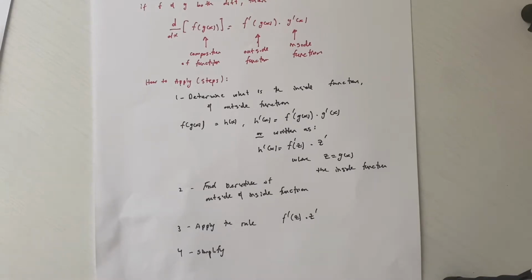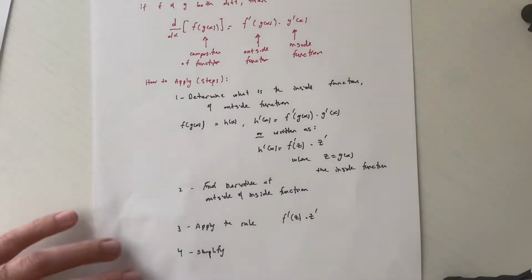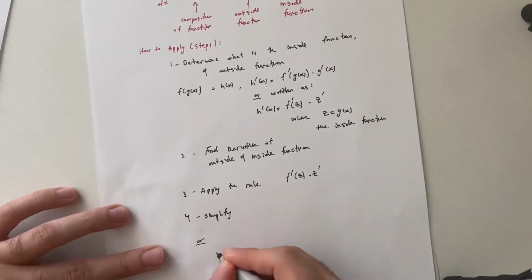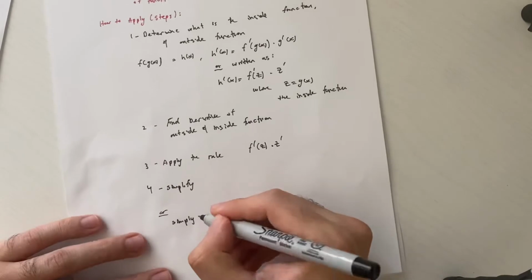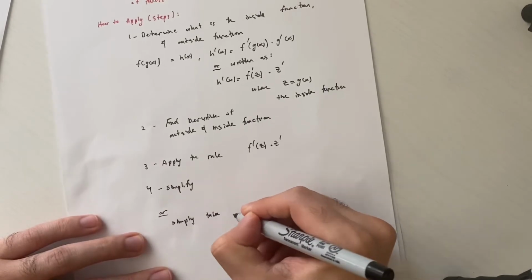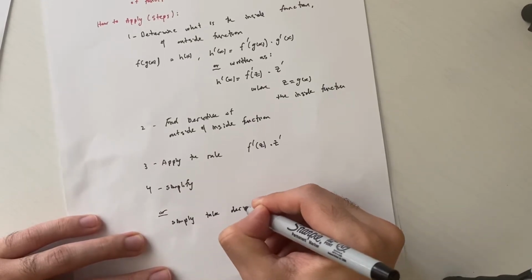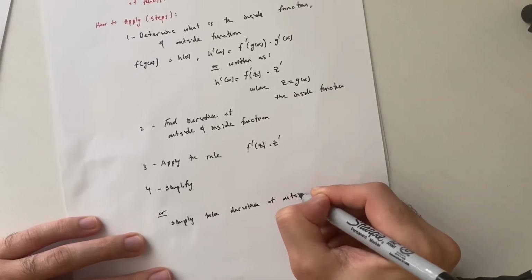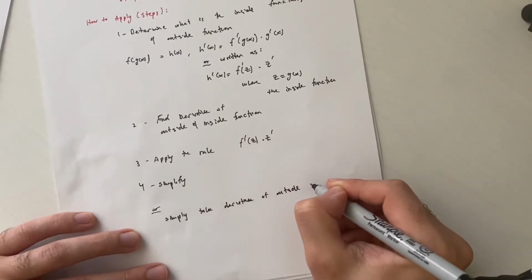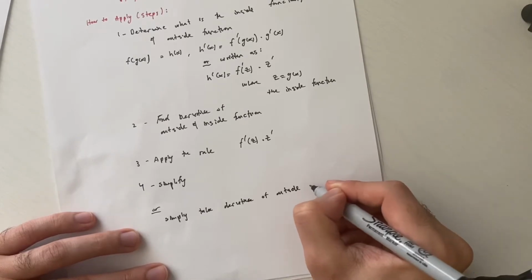So we'll write the outside function in terms of z. Then we will take the derivative of f of z and z, and then we just apply the rule by multiplying these, f prime of z and z prime, and then later simplify it.